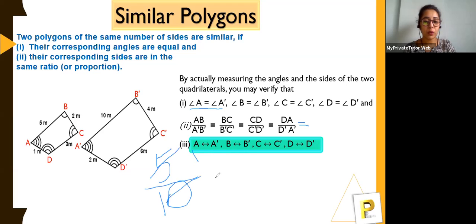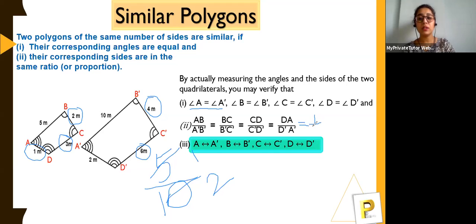Correct. Now, if you talk about the next one, BC and B dash C dash, what ratio do you get? 1 by 2 again. If you talk about CD and C dash D dash, 3 by 6, again 1 by 2. AD and A dash D dash, 1 by 2 again. So you can see that the ratios are in proportion.